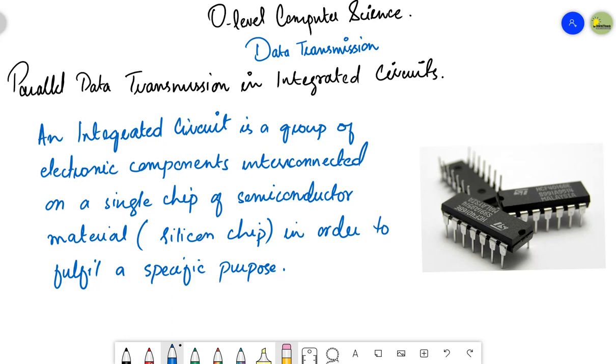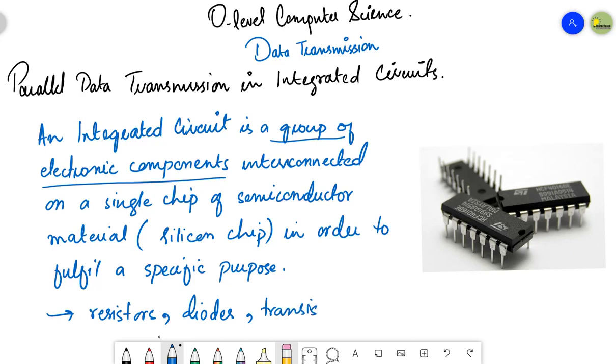An integrated circuit is a group of electronic components. Group of electronic components means that it can have various resistors, it can have diodes, transistors, or if I talk about digital ICs, then there are logic gates.